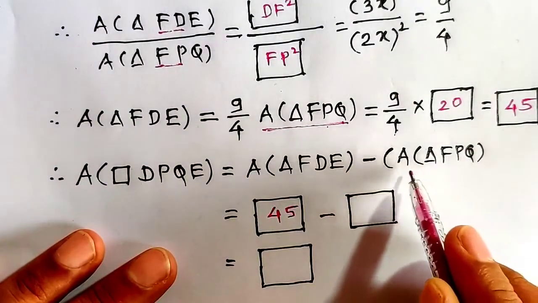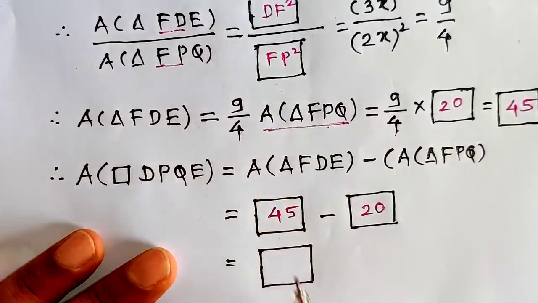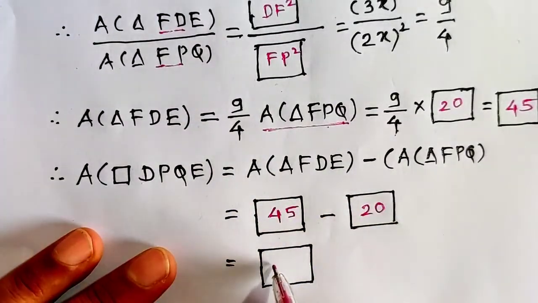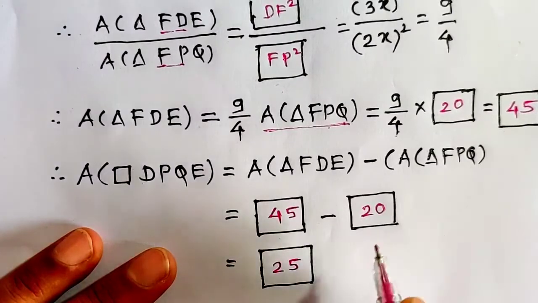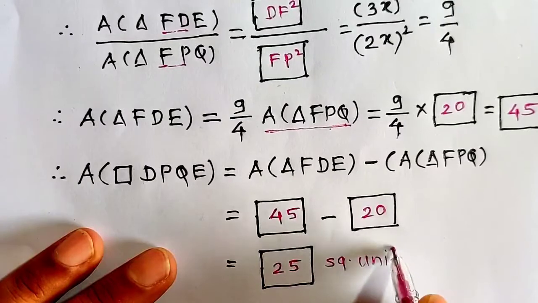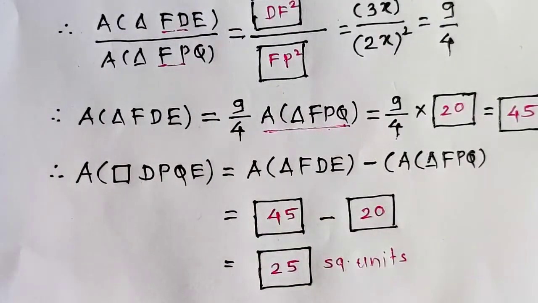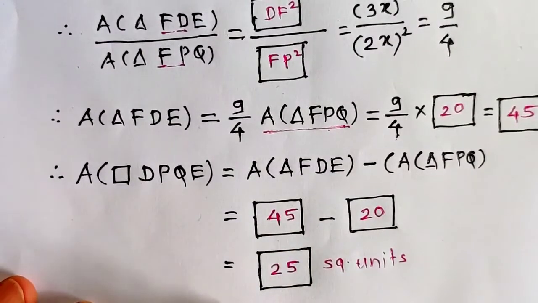Second thing, area of FPQ, that is given, 20. So 45 minus 20, we get 25 square units. In this way we can find the area of this quadrilateral, and we can complete this activity.